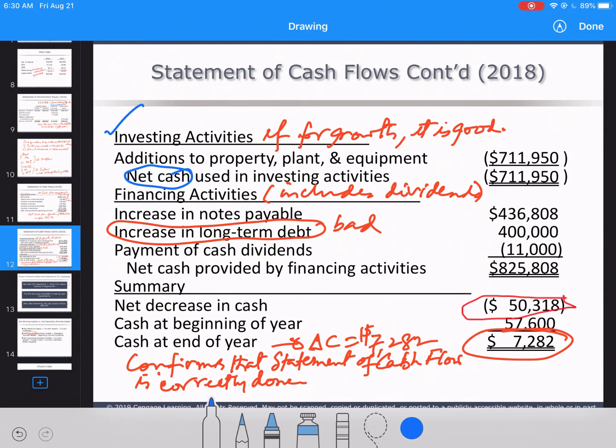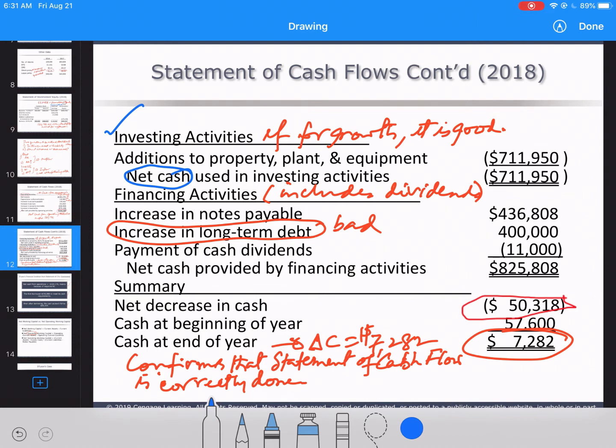But in higher level courses, you separate this into 12 different categories, and dividends are treated in a different way. So here we treat dividends in financing, and then we say net cash provided is 825, which is positive because something has to come from somewhere to finance your activities.